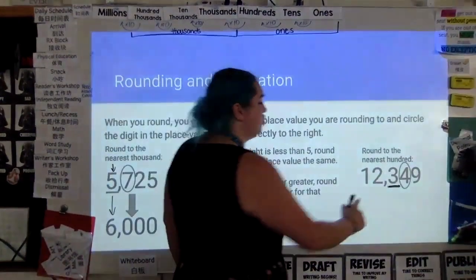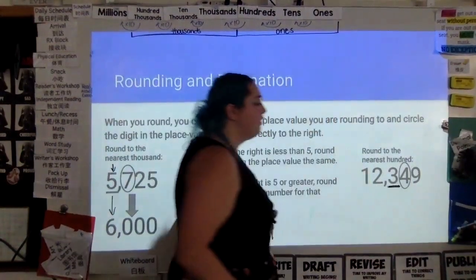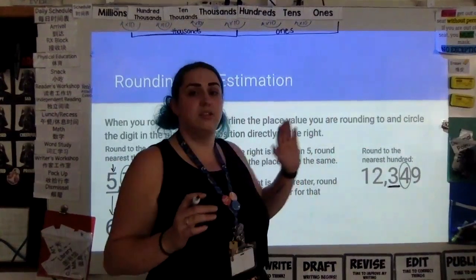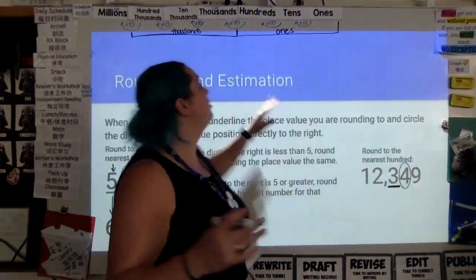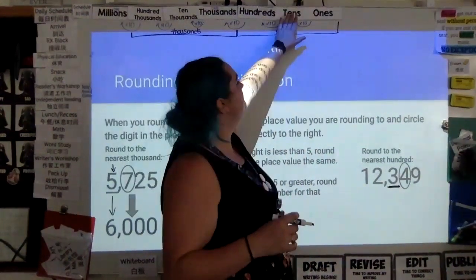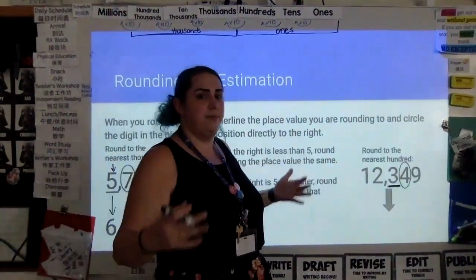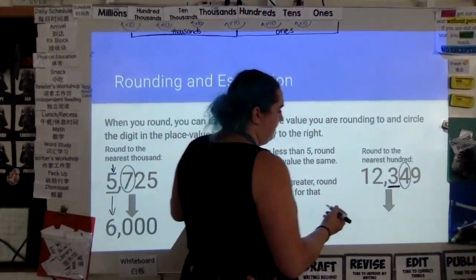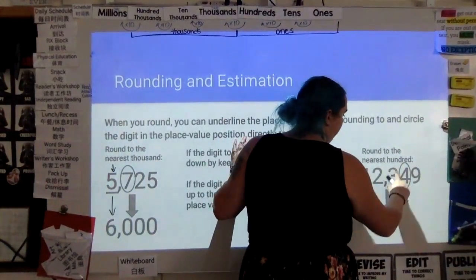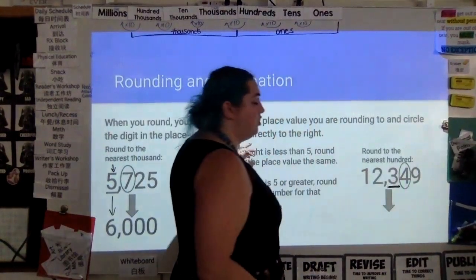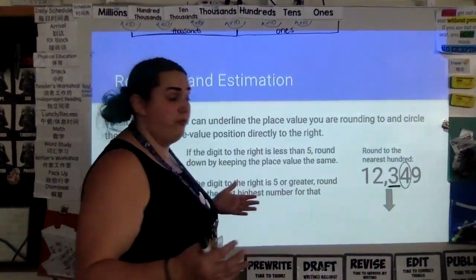Then we place a circle around the digit directly to the right, so the next smallest. The next smallest place value from hundreds is tens. So let's think. I have a 3 and a 4. My 3 is either going to stay a 3 or change to a 4.